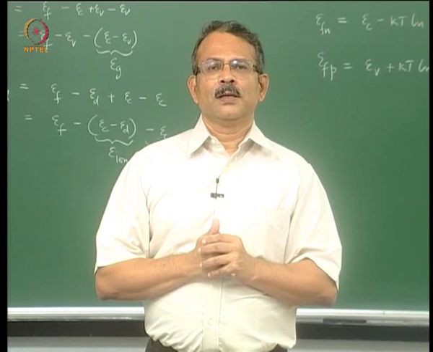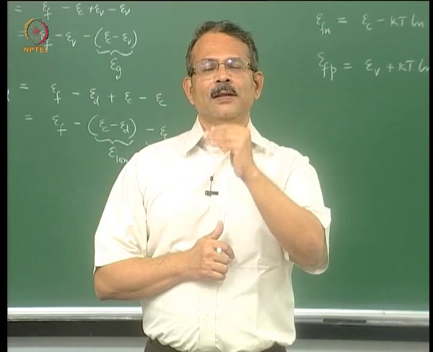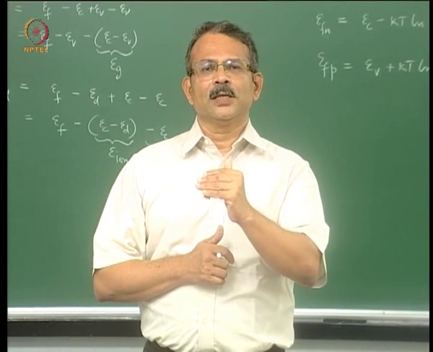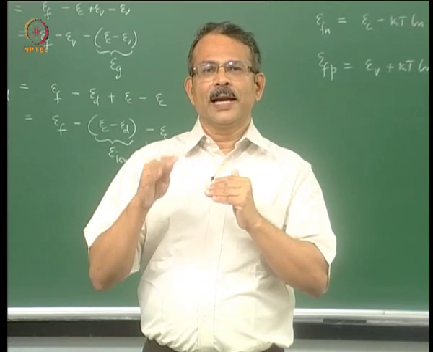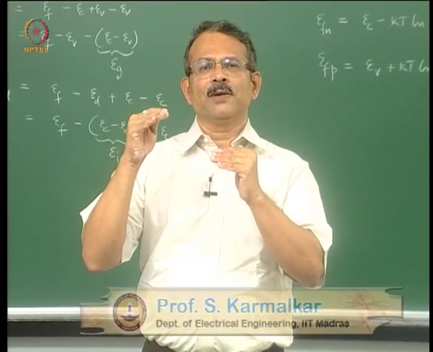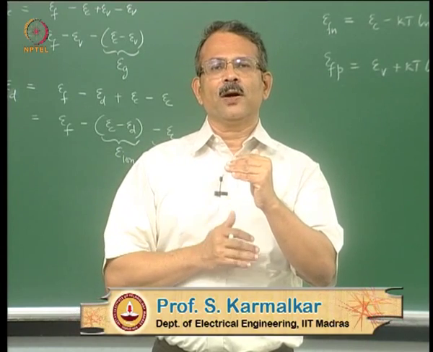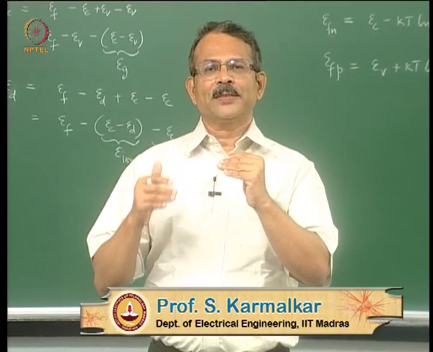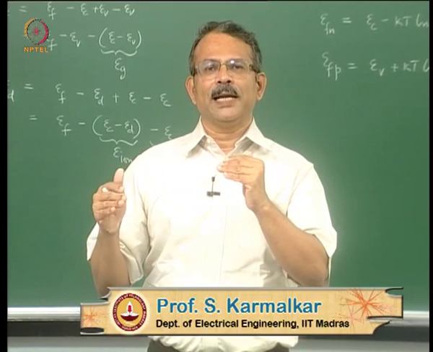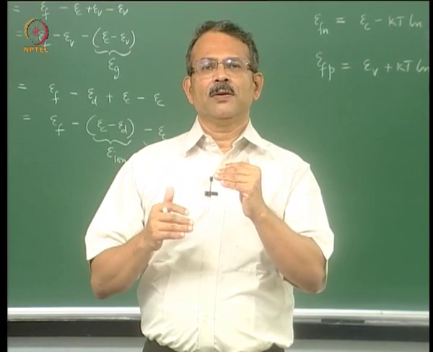Finally, we have mentioned that the electric field in the expression for current density for electrons should be expressed in terms of the gradient of the conduction band edge, because the conduction band edge is the potential energy of electrons in the conduction band, and the electric field term in the expression for hole current density should be expressed in terms of the gradient of the valence band edge, because the valence band edge is the potential energy of holes.